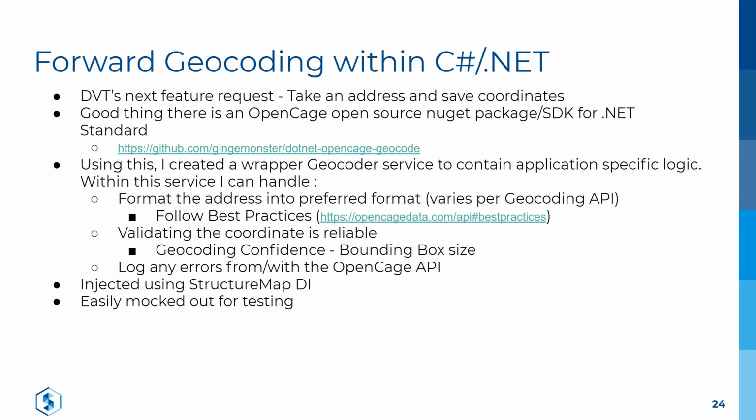If you're going to ping our API endpoint with an address, this is what you should look at. It's really nicely laid out. For example, limit your result set if you're only going to take the top one, and make sure you don't pass address line 2. They don't need unit B or apartment 108. That's just going to throw it off. So you can include the formatting of this address before you pass it to the geocoder.